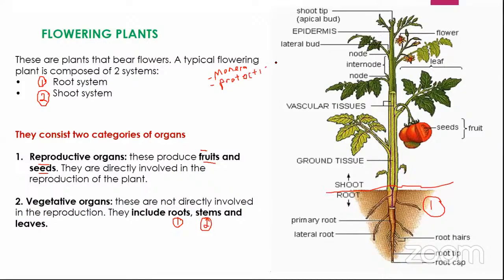Then you also study another kingdom called fungi. And then you also study another kingdom called Animalia. Kingdom Animalia. And then you study another kingdom called Plantae. Please don't write on the screen. Don't try to write on the screen.